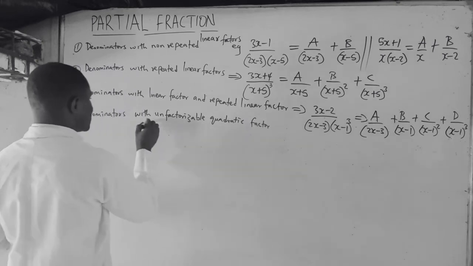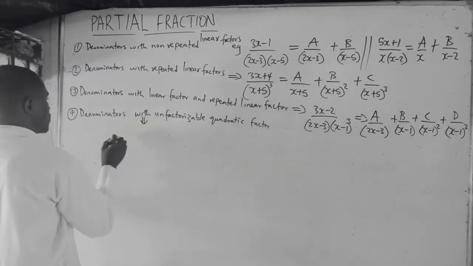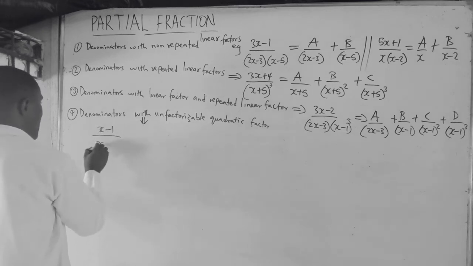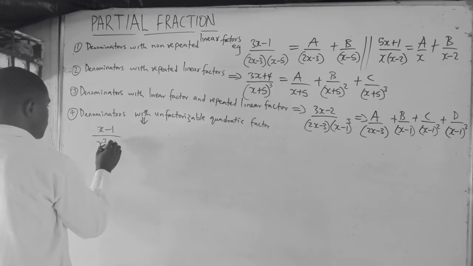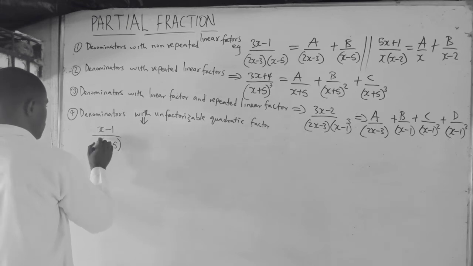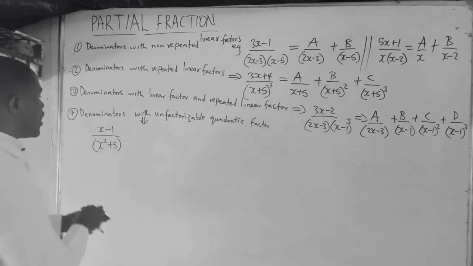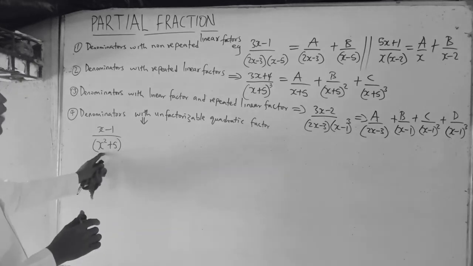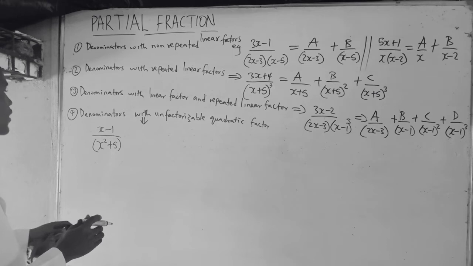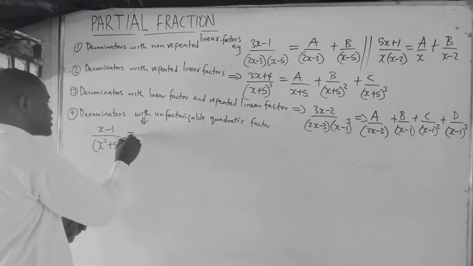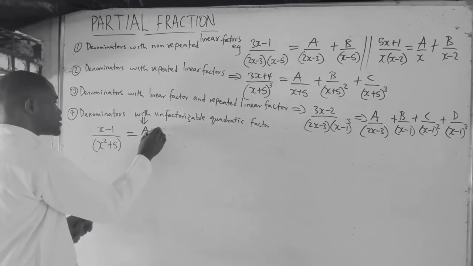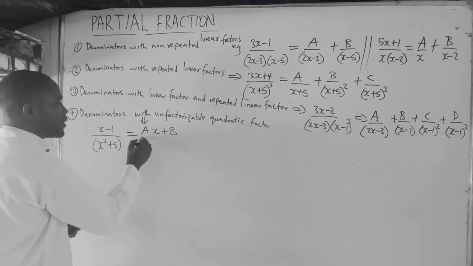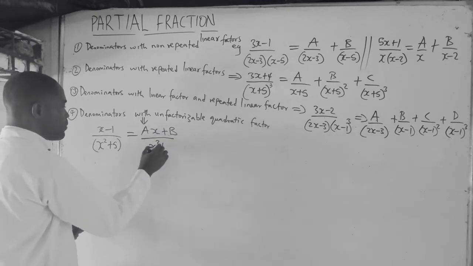Take for instance, (x minus 1) over (x squared plus 5). You know that x squared plus 5 is a quadratic expression, but you cannot factorize it. So you say the answer will be (Ax plus B) over (x squared plus 5), because you cannot factorize.